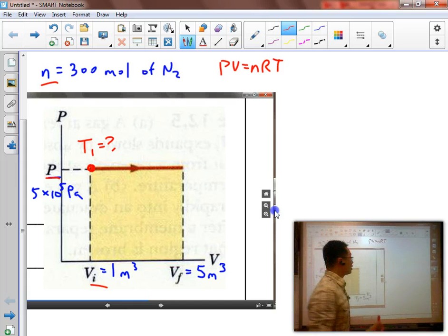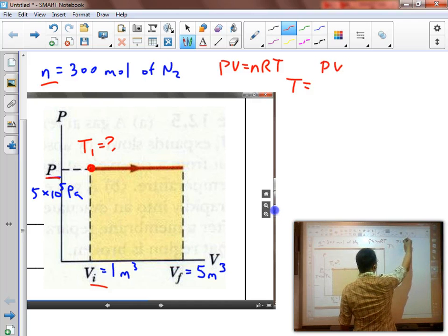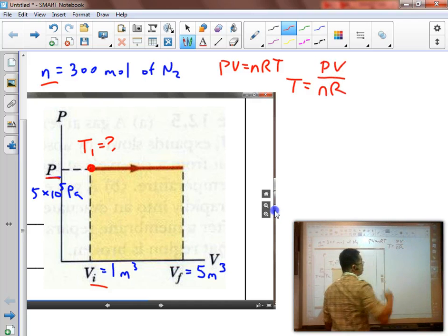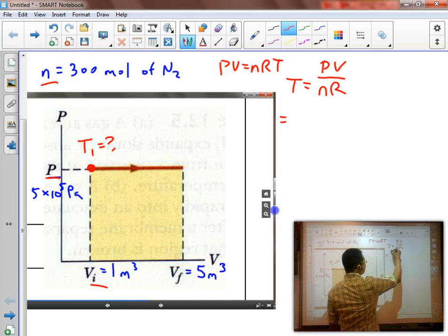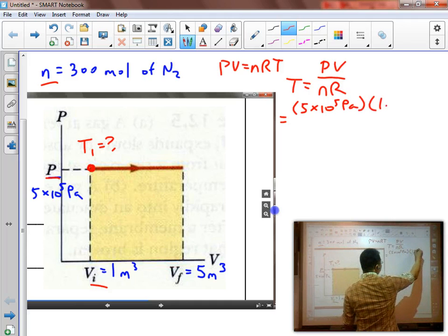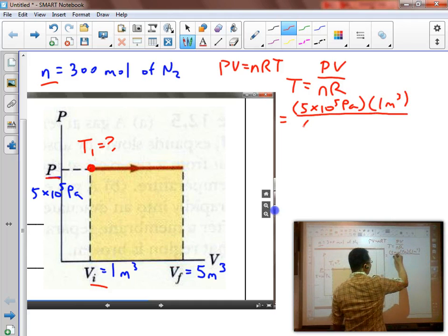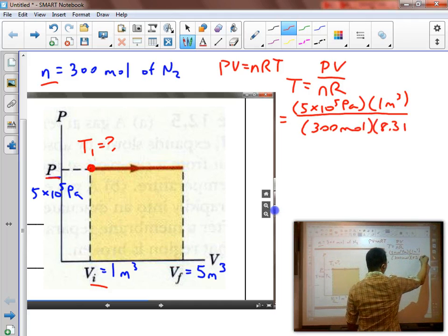Because with our given information, temperature simply equals the pressure times the volume divided by number of moles times the universal gas constant. So if I plug this in, it ends up being 5 times 10 to the 5th pascals times 1 meter cubed divided by 300 moles times 8.31 joules per mole Kelvin.